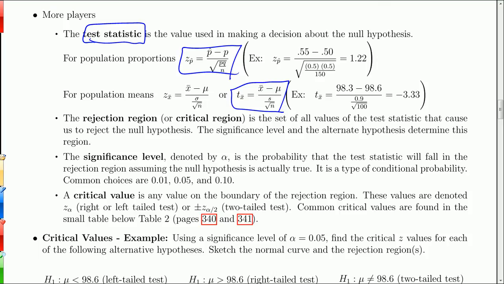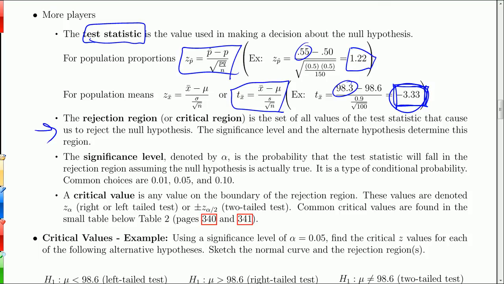For example, that 0.55, that 55% of cell phone users, came up with a z-score of 1.22, which is not all that extreme. But the 98.3, that body temperature, has a t-score of negative 3.33. And the t distribution is similar to z, so this is pretty extreme. All right, the negative 3.33.